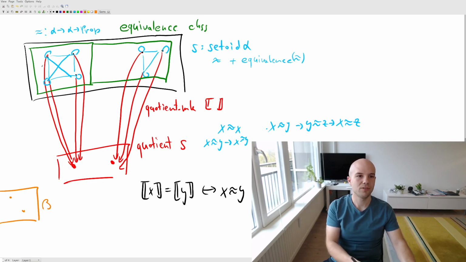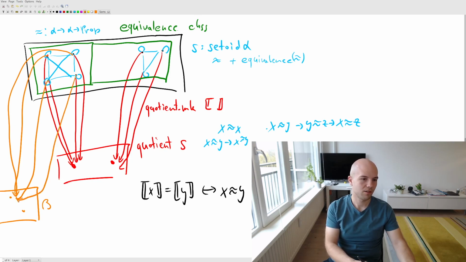Then what I first do is I define a function on alpha. So well, let's say that we map here everything to this one here, and then also everything to this one here.